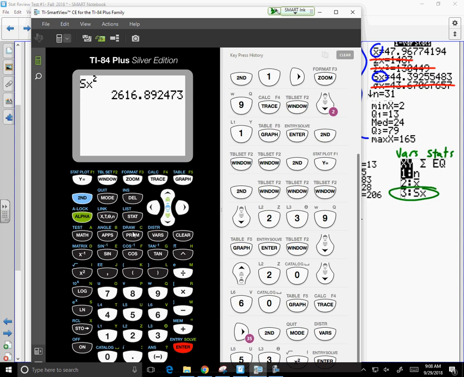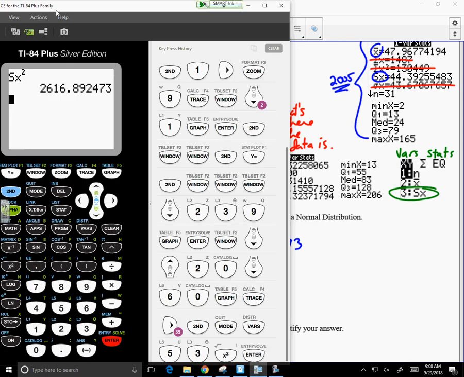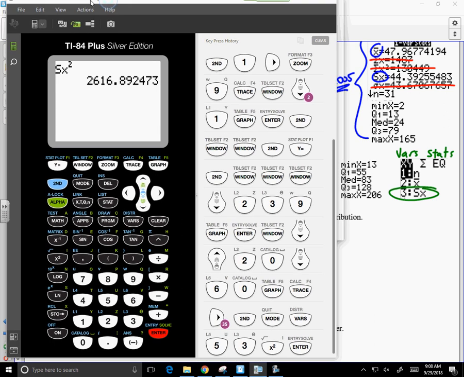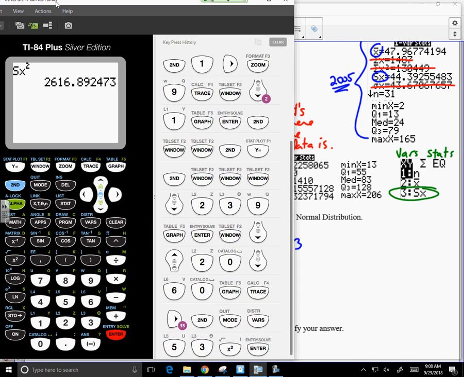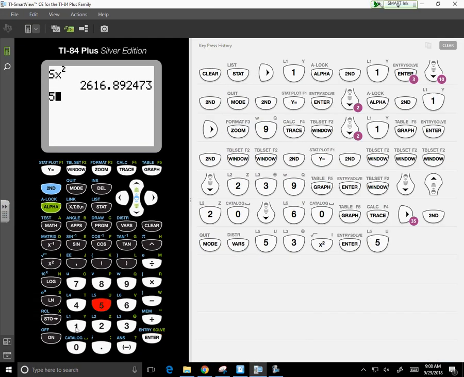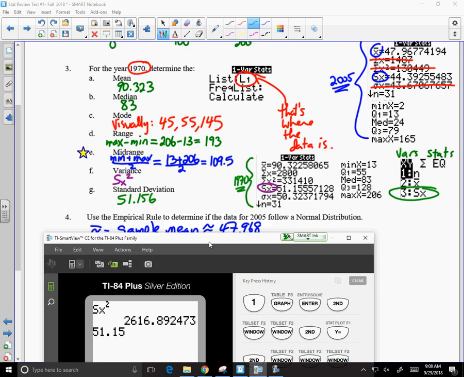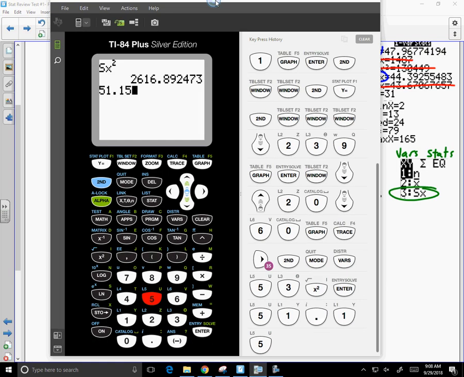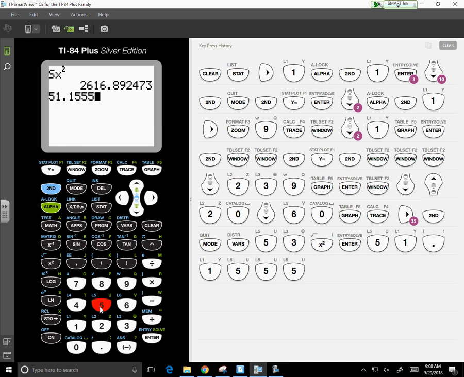If you want to verify it, you can. You're taking a test, so why not? 51.15557128. Do it a different way, make sure you get the same answer.